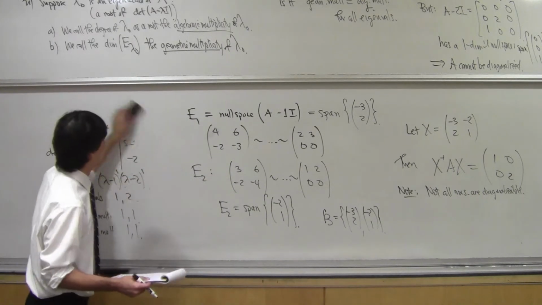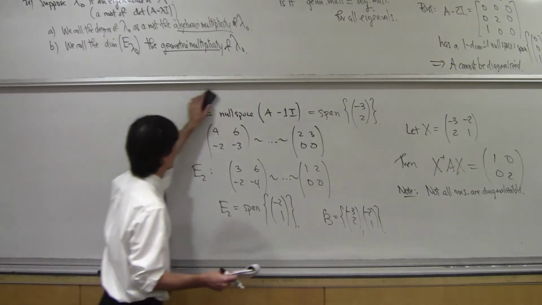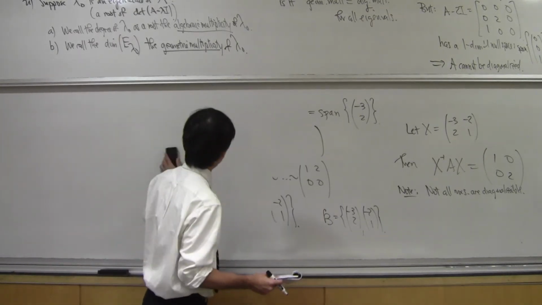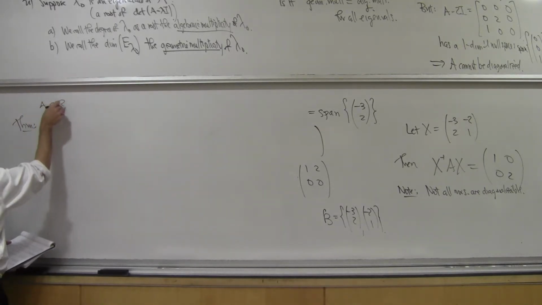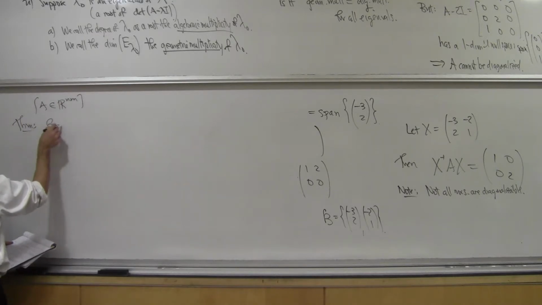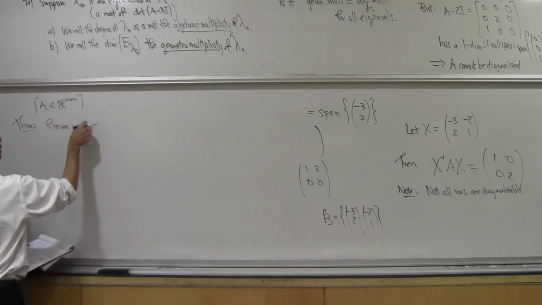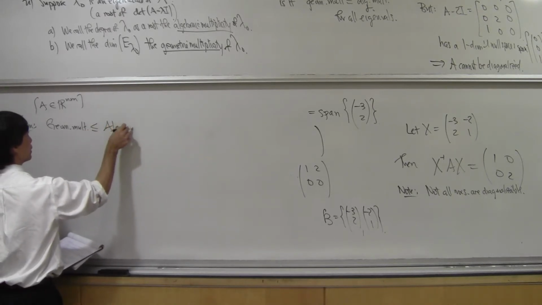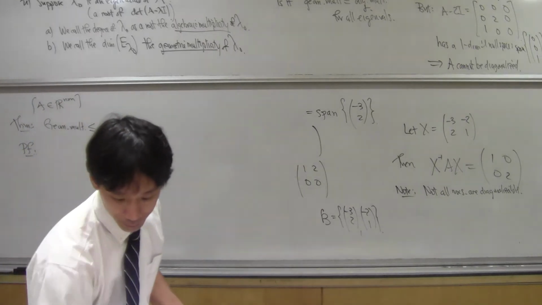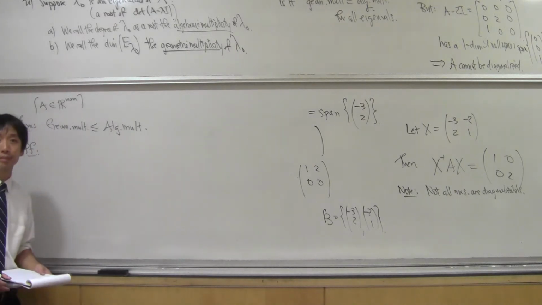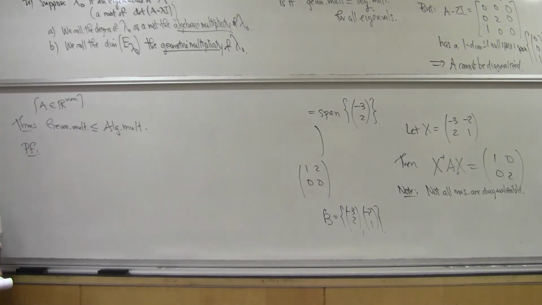Okay, so let's explain that comment that the geometric multiplicity is always less than or equal to the algebraic multiplicity. Here we go.